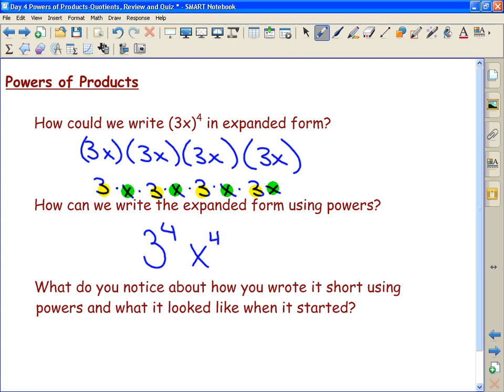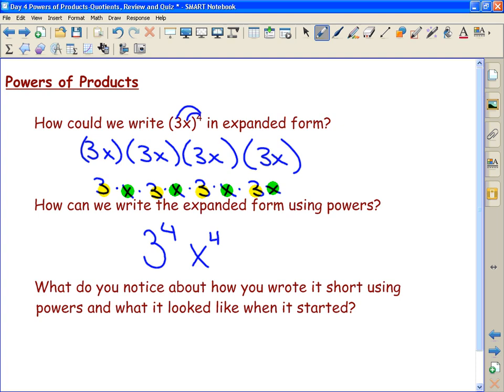So what do you notice about how we wrote it the short way compared to how we wrote it after it was in expanded form? Hopefully what you notice is, since the 3x was in parentheses, it kind of looks like I took the 4 and put it on everything inside of the parentheses.